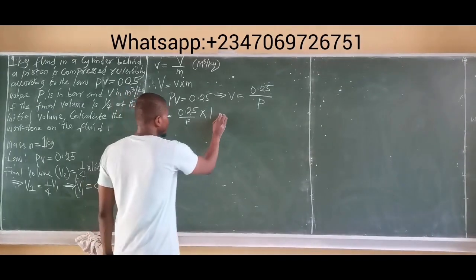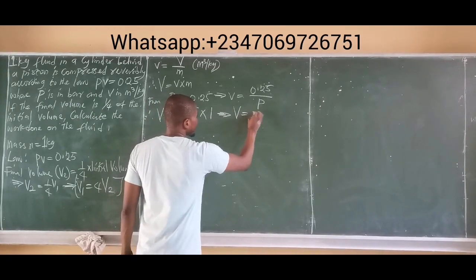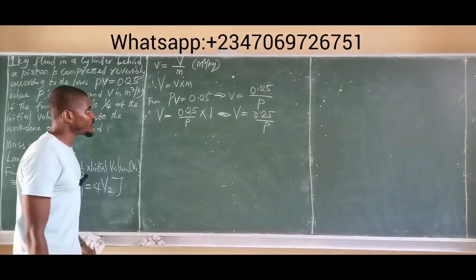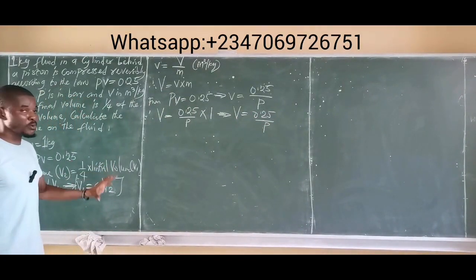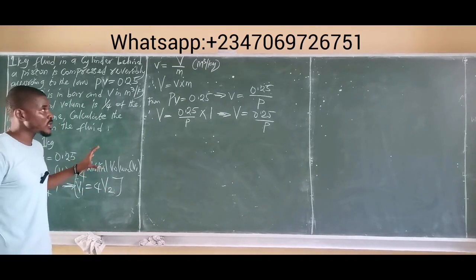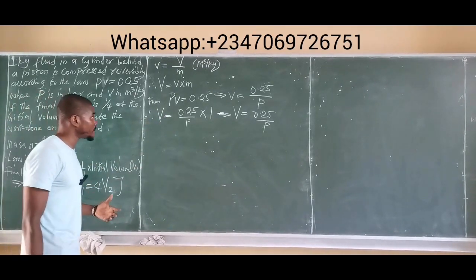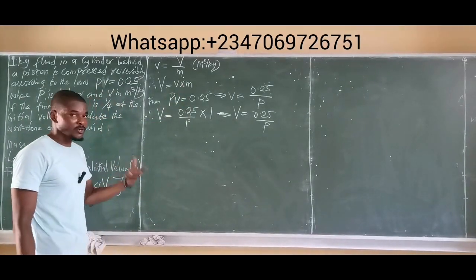All right, so once you do this, this simply implies that total volume V is equal to 0.25 all over P. So it still remains the same thing, but now you've been able to convert it from specific volume to total volume. So in an exam condition, you must do all of this. You must show all this working as to how you cancel out the meter cube per kilogram to automatically become a meter cube.